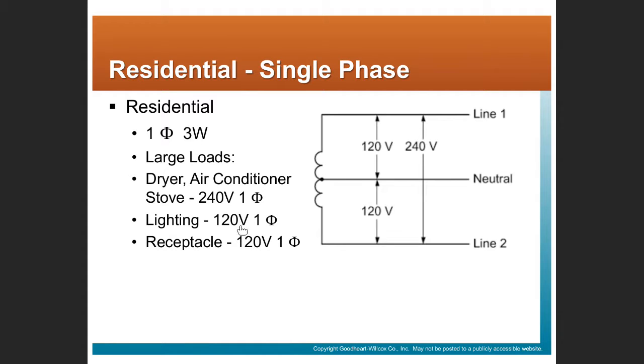Our branch circuits and our lighting will be single phase. If we have an air conditioner or a stove or a dryer, or we happen to have a level 2 electric car charger, that would be 240 volts, but still single phase. And that's the end of my slideshow.